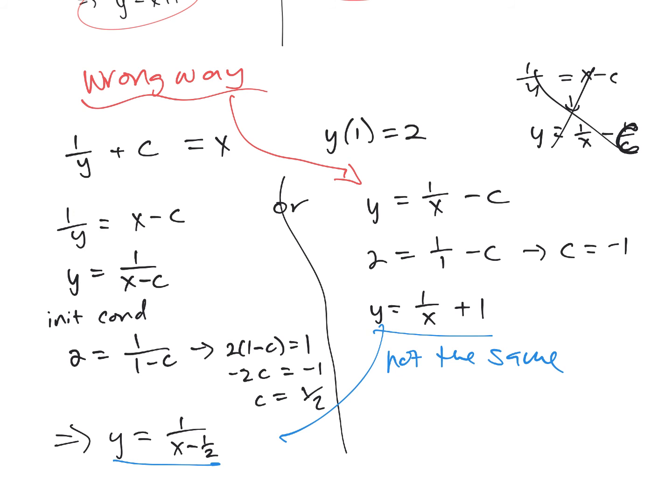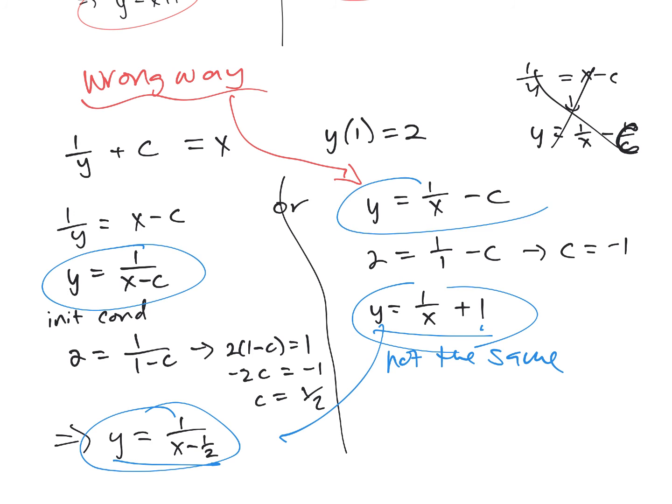Because you can see this is 1 over x shifted up 1, and this is 1 over x shifted to the right, I think by 1/2.